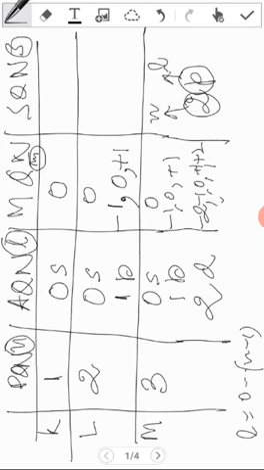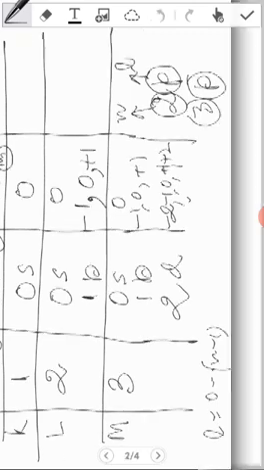Here n is 2, and L is 1. If I write 3p, L value is 1, but this is of the third main shell. So the main thing is p has 3 orbitals, minus 1, 0, plus 1, and d has 5: minus 2, minus 1, 0, plus 1 and plus 2.